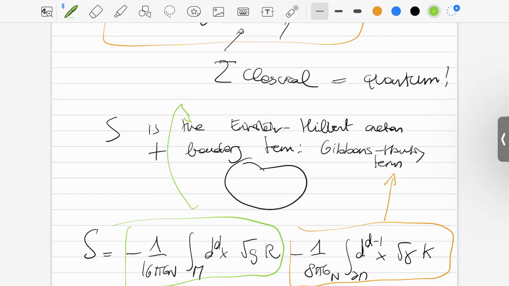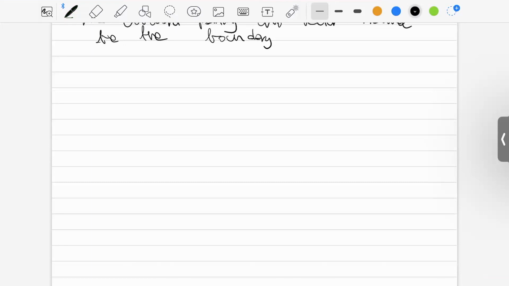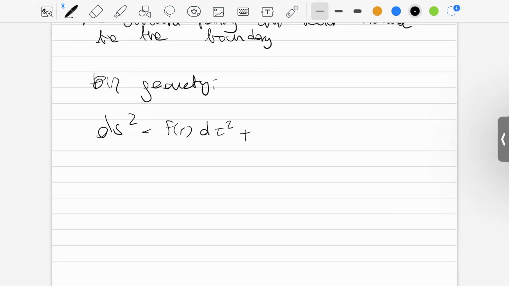And so we now take the black hole geometry as the background for some field theory at finite temperature. I have my black hole geometry, which is described by some metric, some function f times dt squared plus 1 divided by g dr squared.